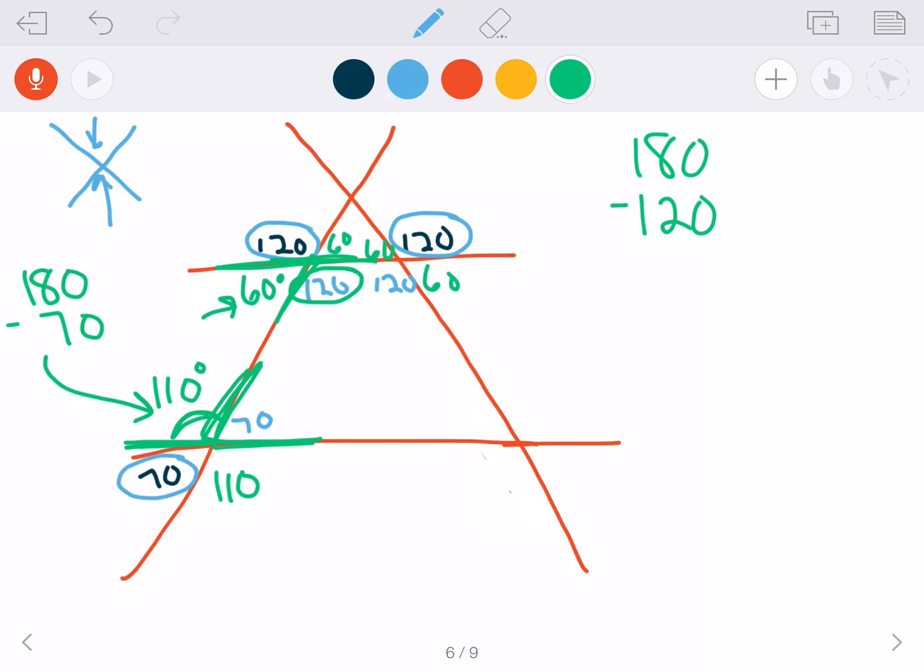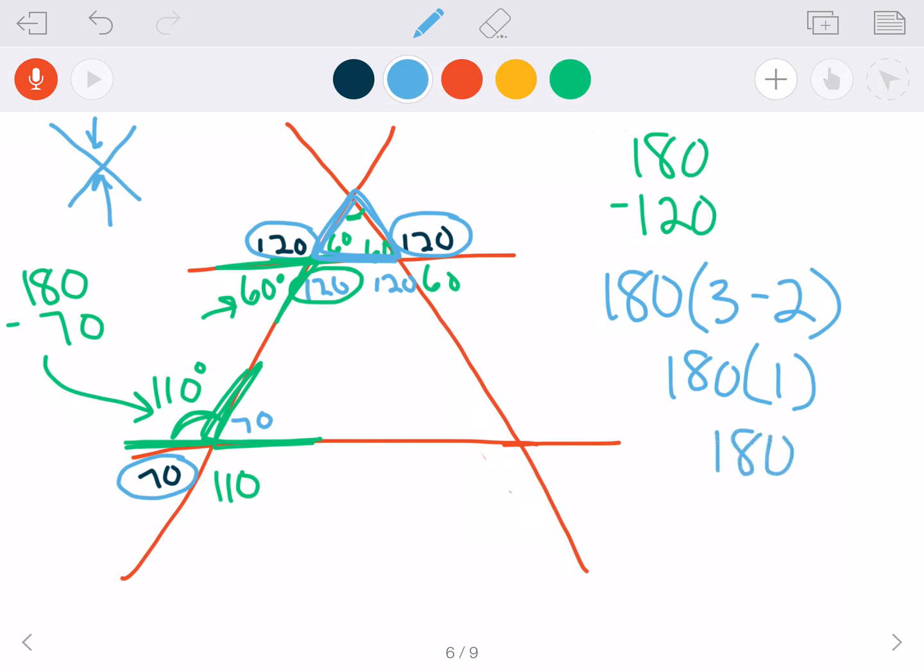If I want to figure out what this top angle is right here, if I'm looking at this shape, I've got a triangle. Triangles have 3 sides, so I've got 180 times 3 minus 2 if I want to find the sum of those interior angles. So we've got 180 times 1, which is 180.